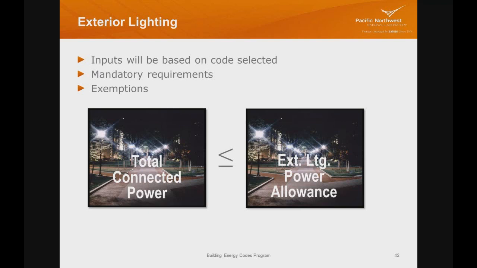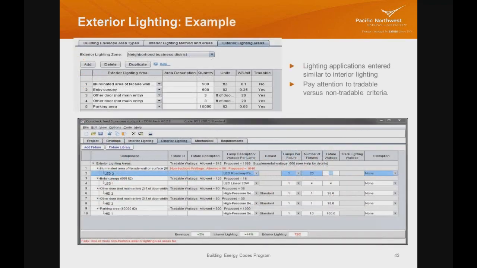Exterior lighting we'll jump to next, and that's very similar again to the interior lighting. You'll have mandatory requirements, and again the inputs will be based on code, the code that's specified, as will be the exemptions. The areas you specify in the project screen for exterior lighting shown in this slide are the same ones that will appear in the exterior lighting table.